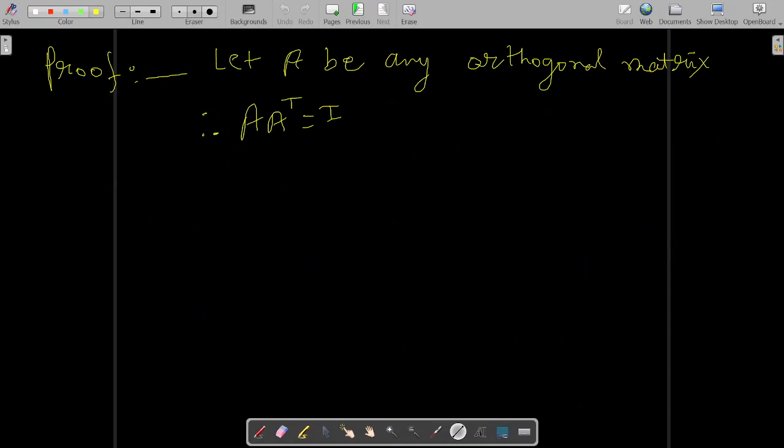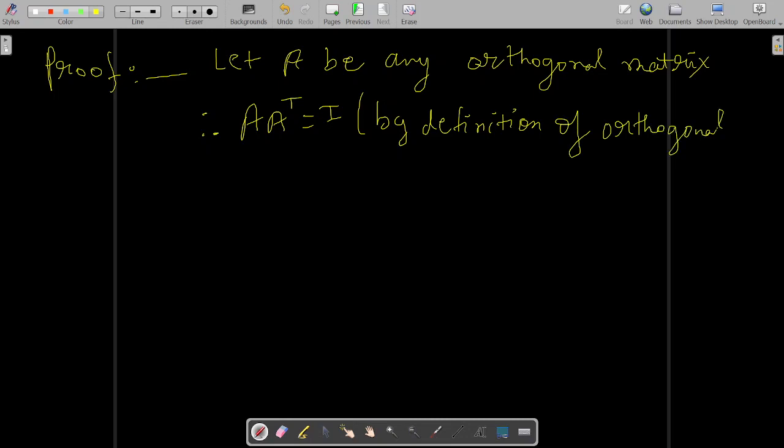So by definition of orthogonal matrix, this is the thing which you got.